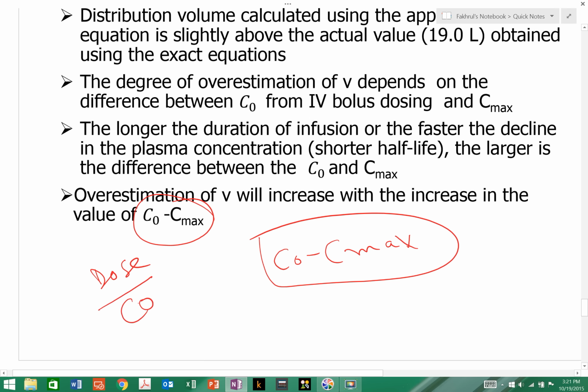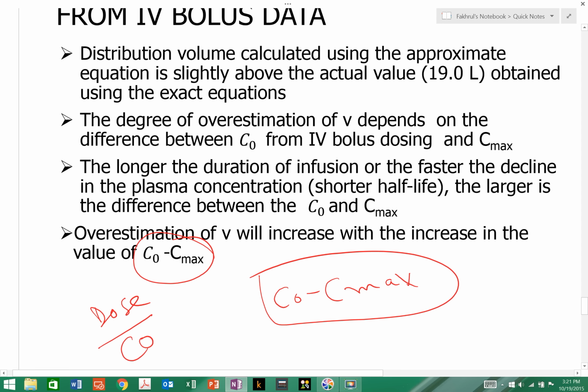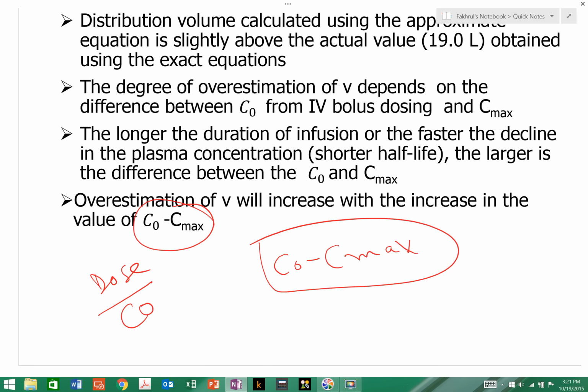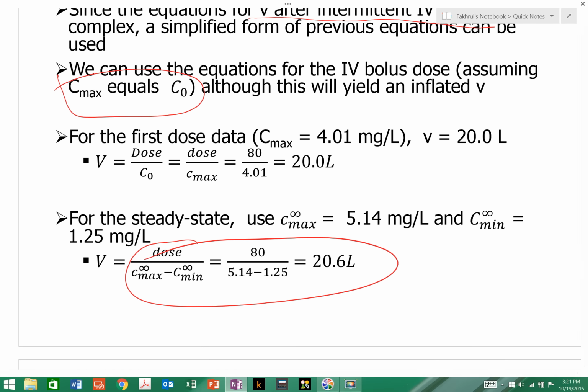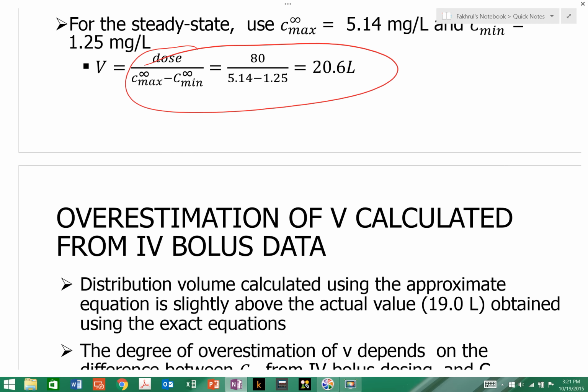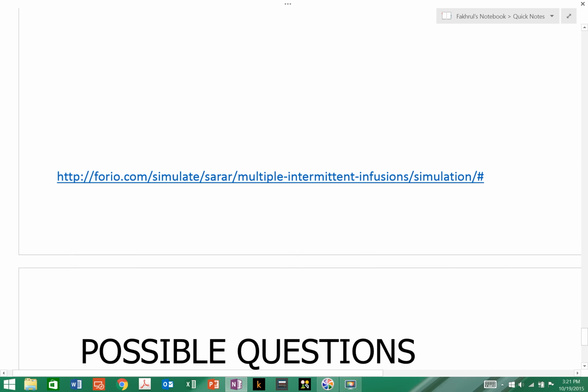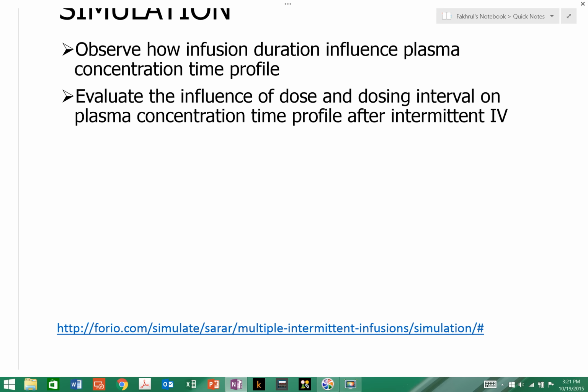Again, if you use this equation, it will give you an approximate V. If you want accuracy, you have to use that equation to calculate V accurately. Now I want you to go over this simulation.